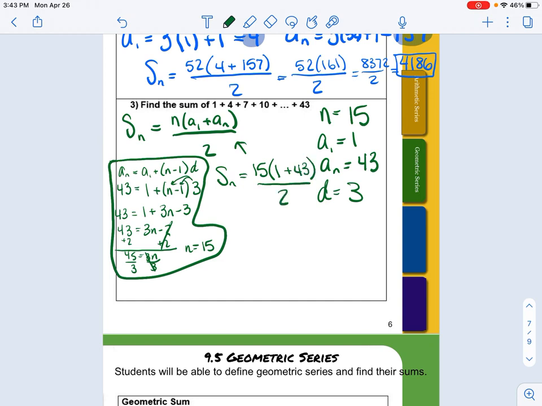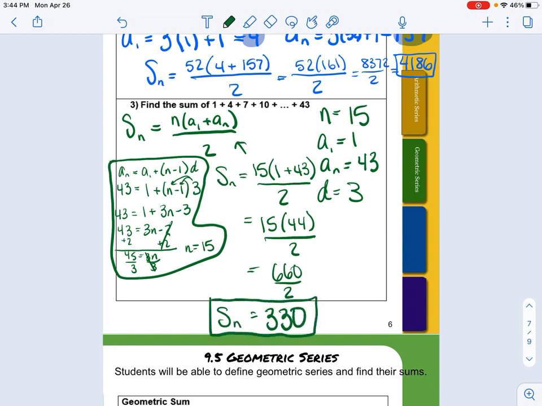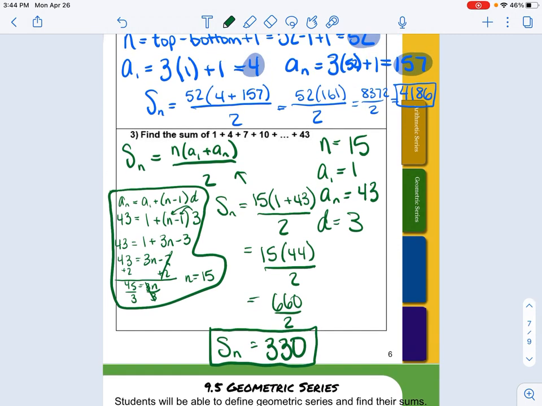We just used that to solve for n. And then we can keep solving. So our sum of these 15 terms is 330. All right. That is all I have for you.